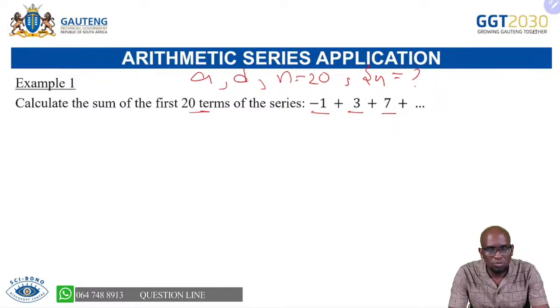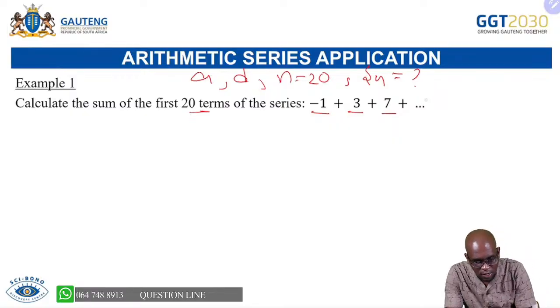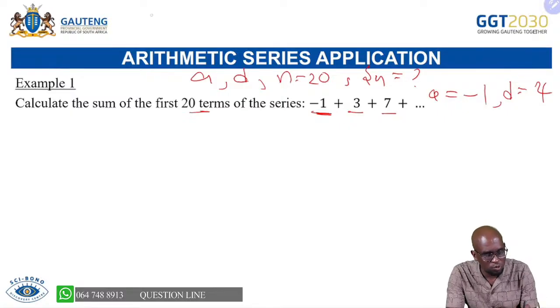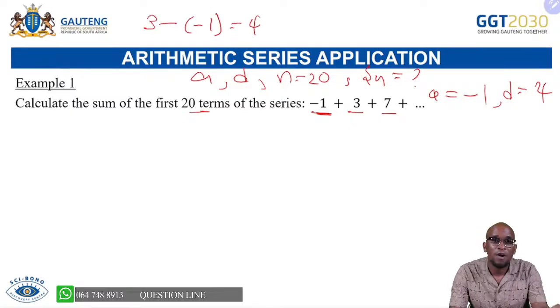So you want to determine the value of A. You can see A is -1, that is the first term, and then D is T2 minus T1, which would be 3 minus -1, which is 4.